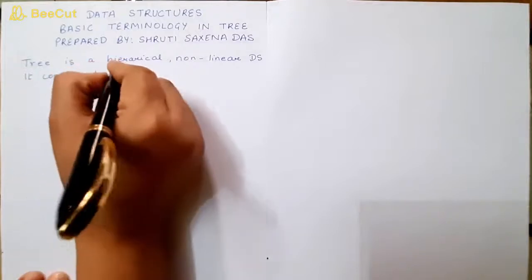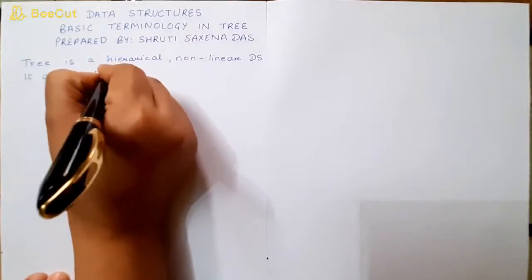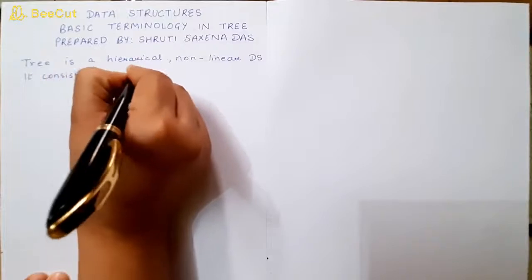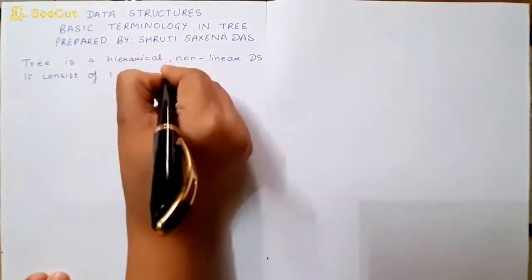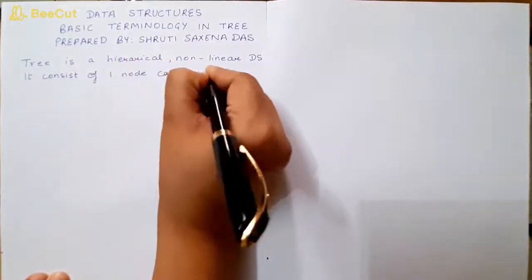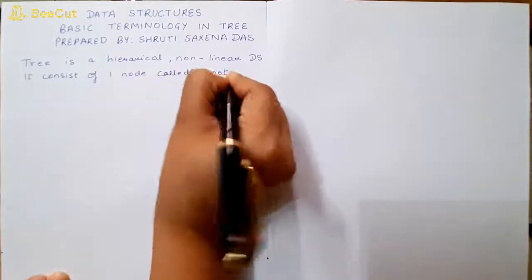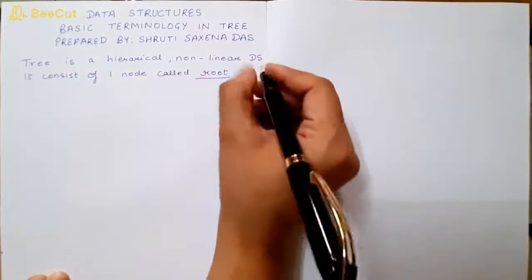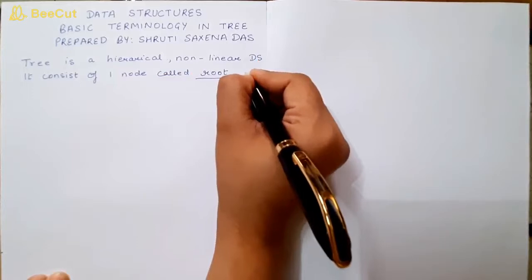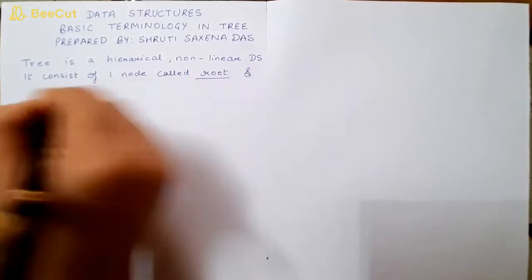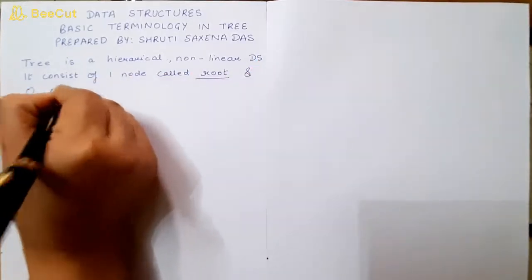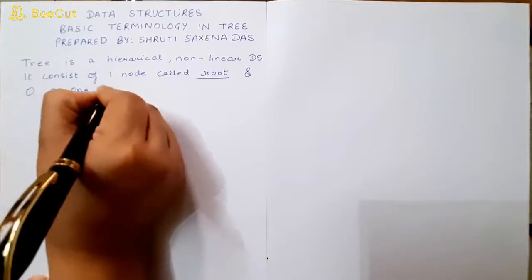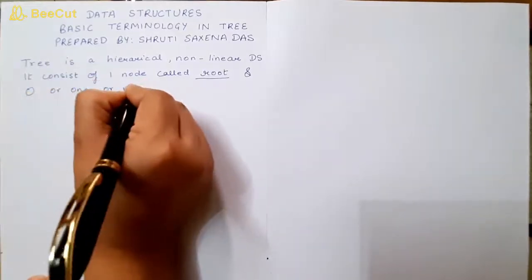A tree consists of one node which is called the root node, and zero or one or more subtrees.